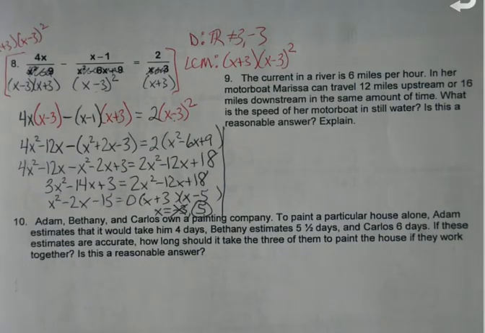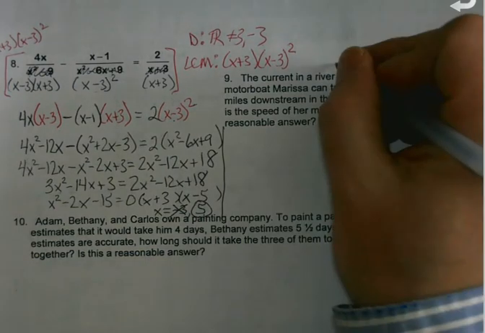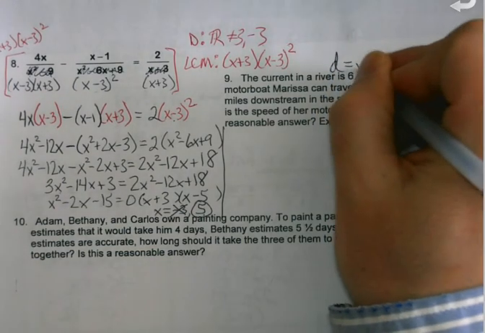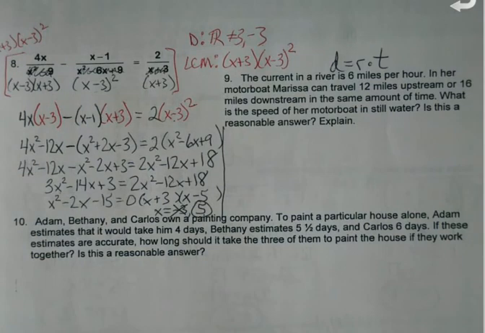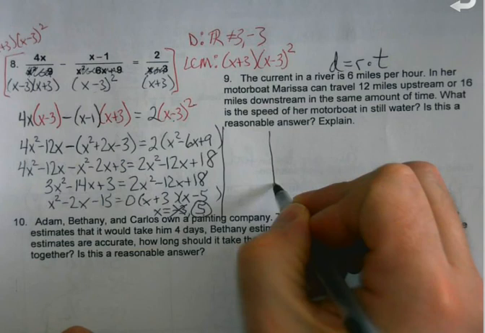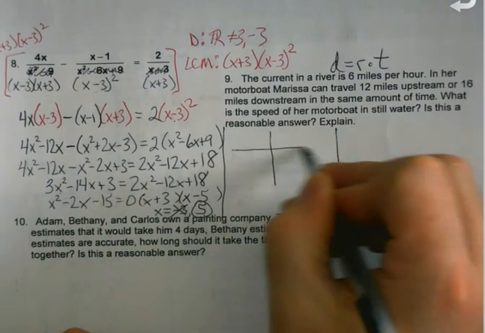Okay, so this is a classic distance equals rate times time question. But I want to take it one step further because it's not just one thing we're looking at. We're looking at two different situations, upstream and downstream. Since I tend to like things that are more visual, I'm going to make myself a chart here.